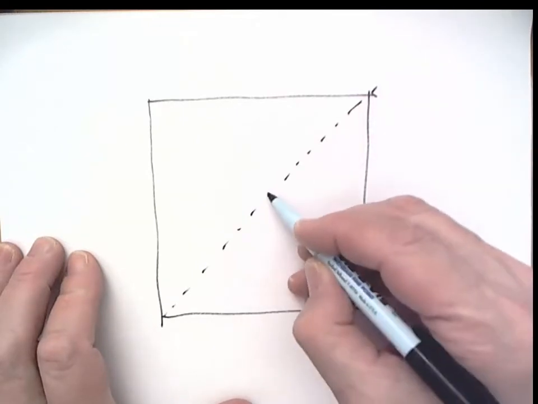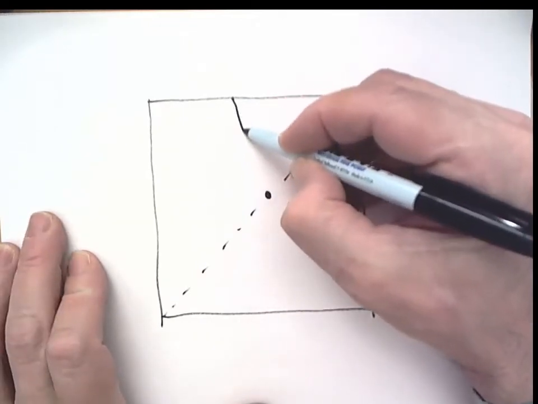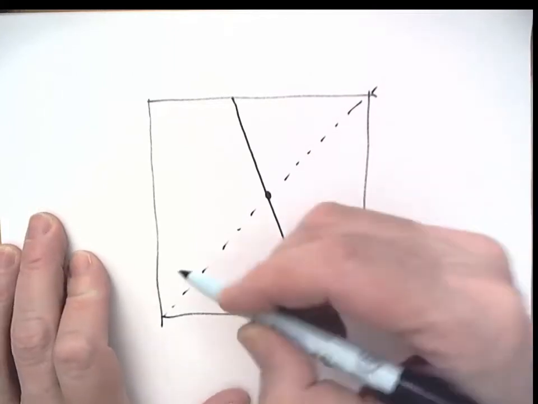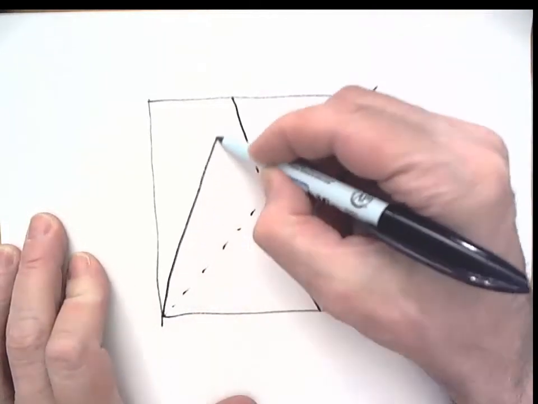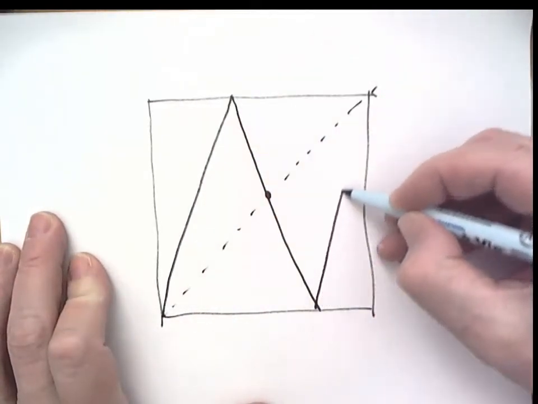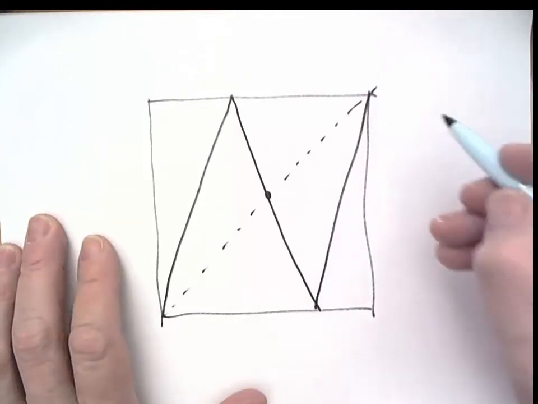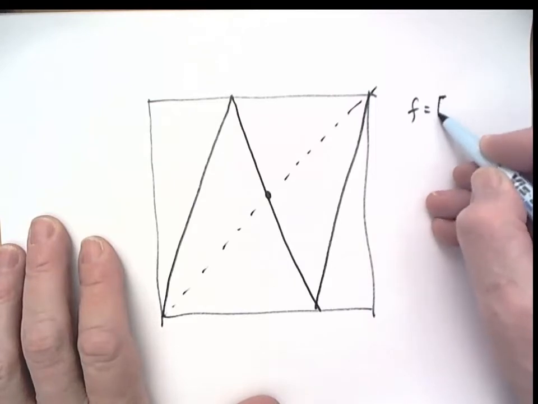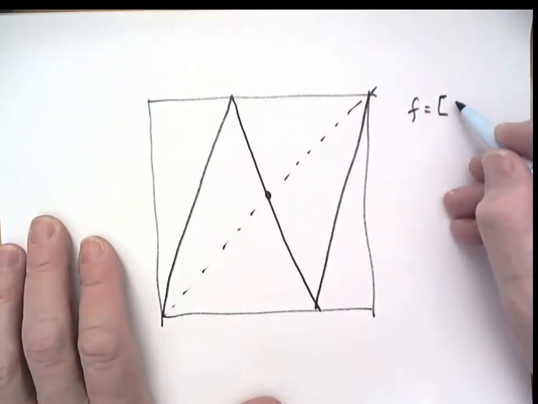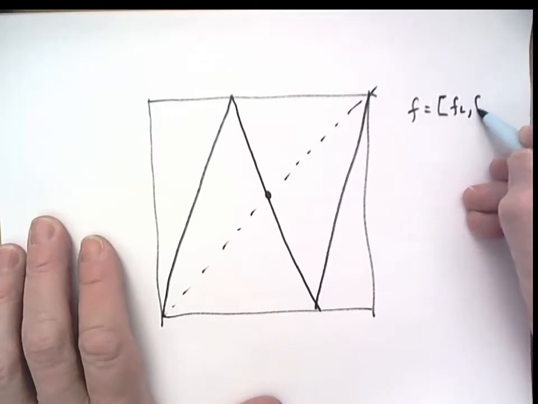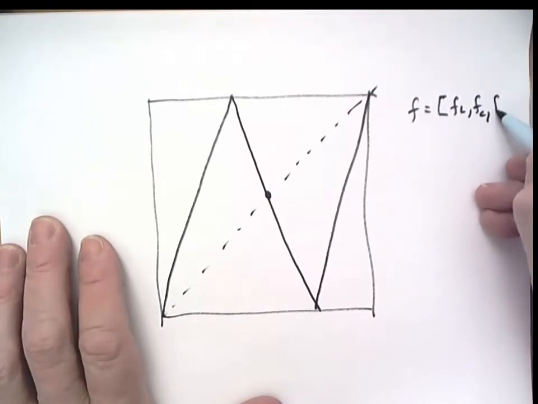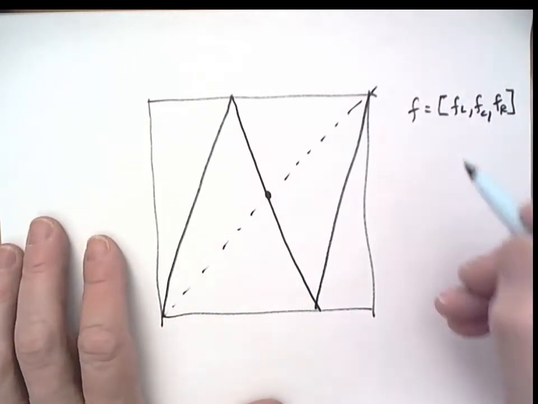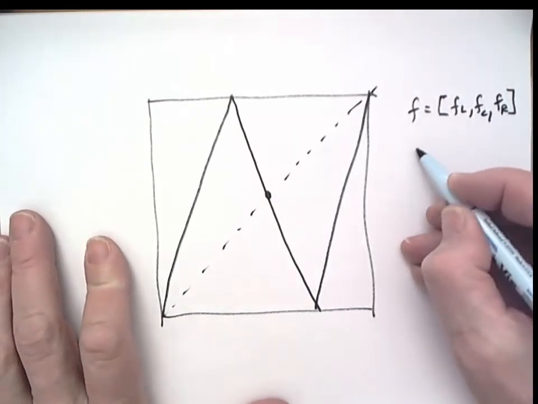Now let's look at some other solutions. I'll draw this bimodal map one more time. You can think of it as consisting of three branches, left, center, and right.